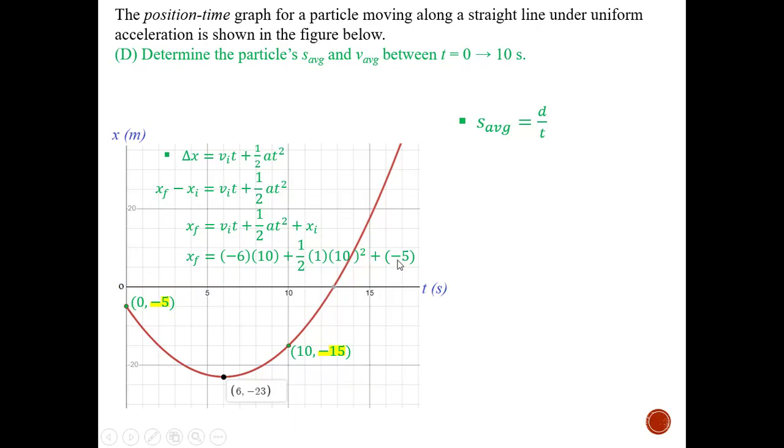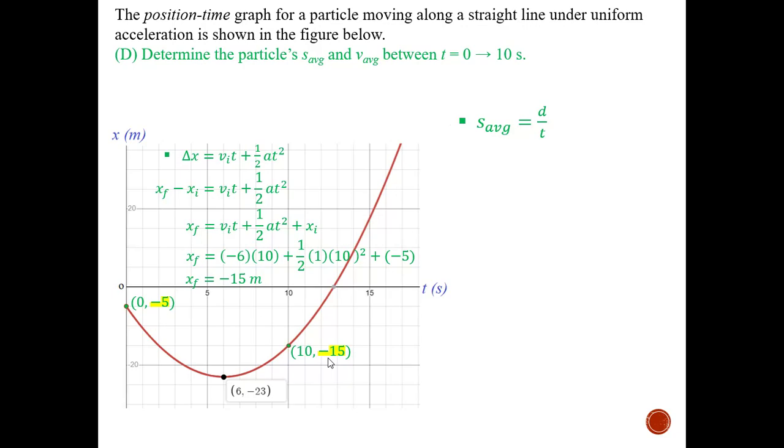Then add x_i, which is a negative quantity, so plug in -5. If you clean all this up on your calculator, you'll get -15, because the first term is -60, the second term is +50, and the last term is -5. So -60 plus 50 is -10, and then -10 plus -5 is -15. So it is indeed on that particular point.